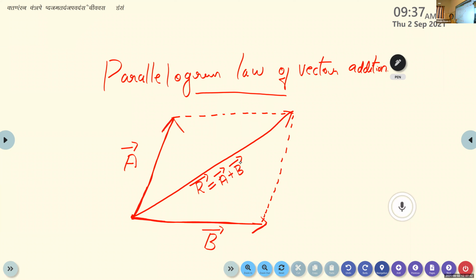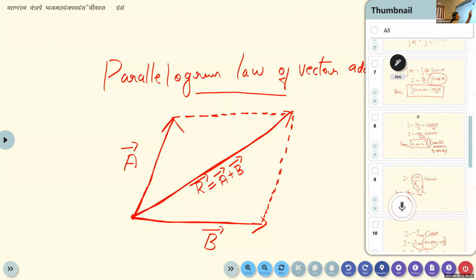To apply this law, we extend and draw a line parallel to vector B, and another line parallel to vector A. Then the parallelogram law states that the resultant vector represents the diagonal of the parallelogram that also starts from the same point. So here the three vectors, vector A, vector B, and the resultant vector, are starting from the same point. So now we can state the parallelogram law of vector addition.